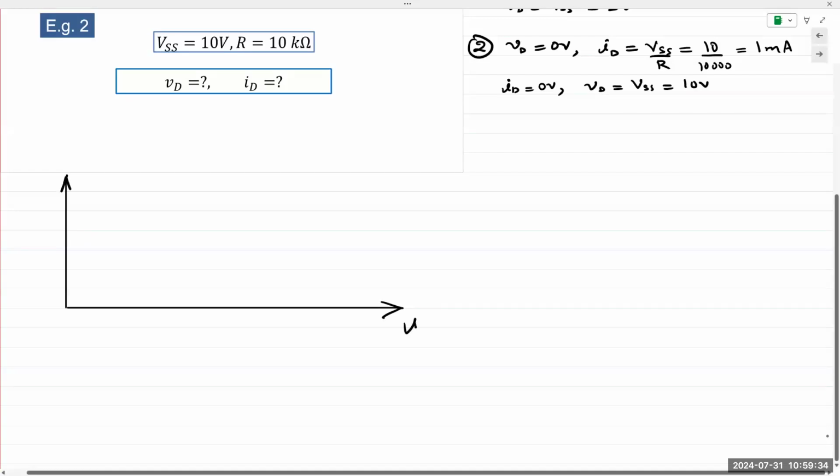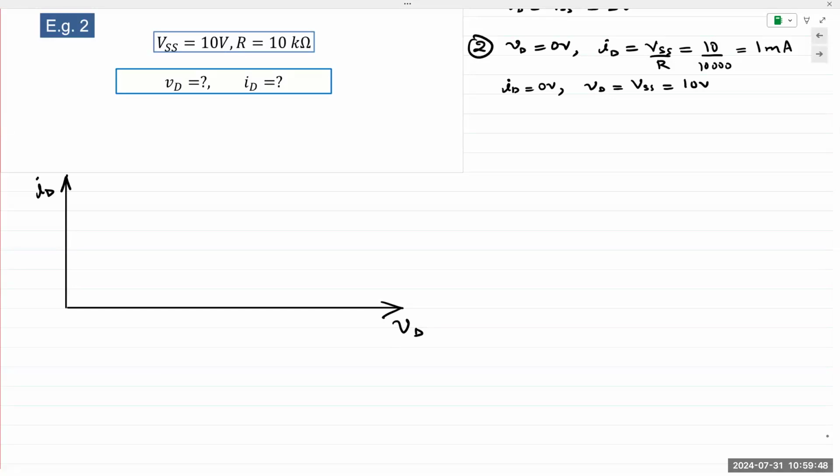So this is voltage V or VD, and this is current I, ID. Oh, by the way, typically it's always the VI characteristic. So voltage is always on the x-axis and current is always on the y-axis, unless there's a specific need to display it in a different way.